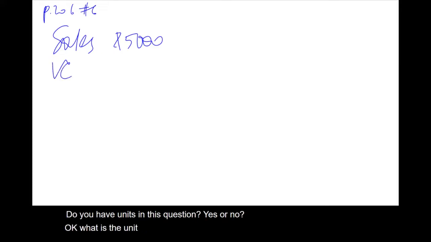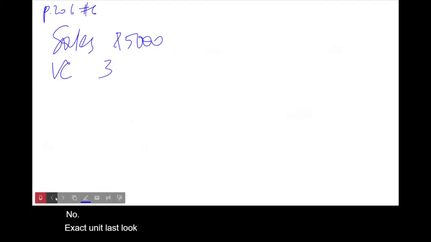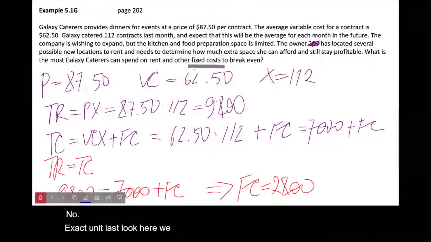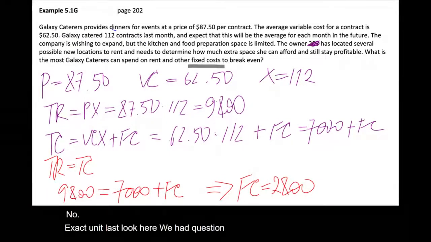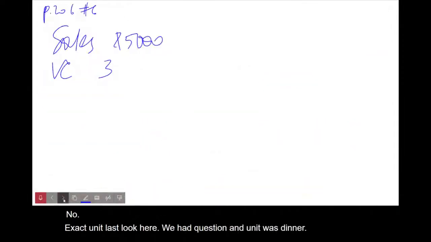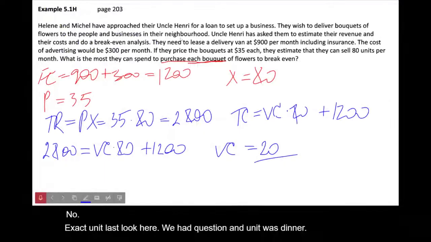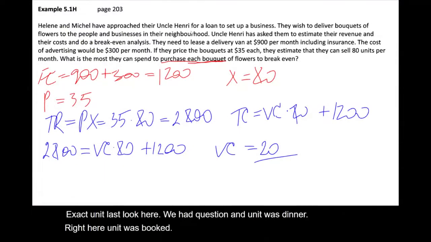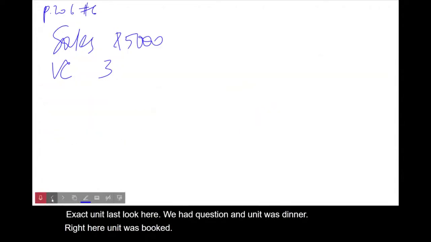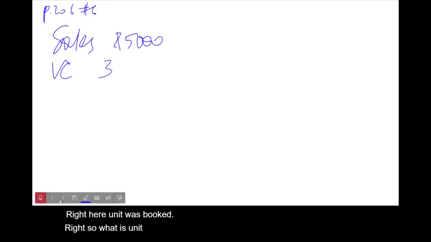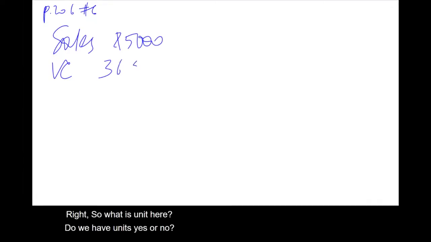Look here. Here we had a question and the unit was dinner. Here the unit was bouquet, right? So what is the unit here? Do we have units? Yes or no? No. Exactly. We don't have it.